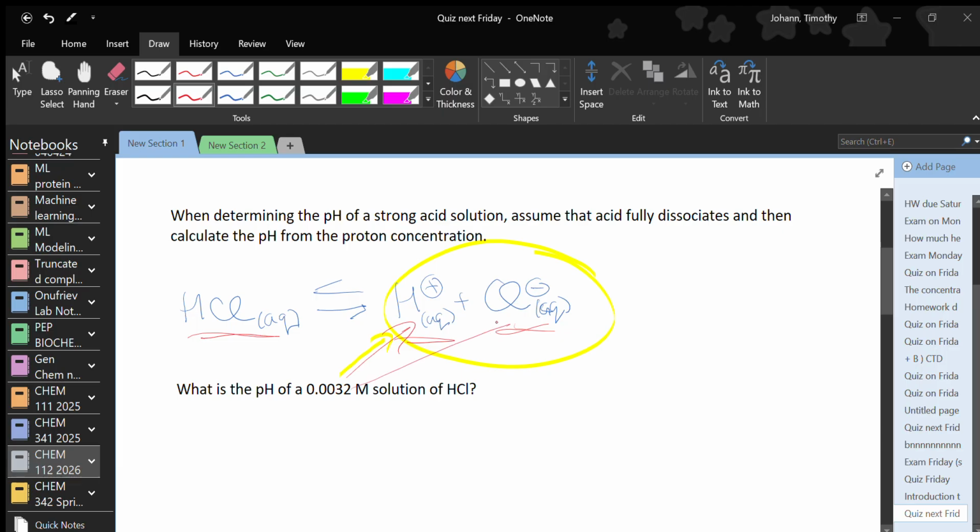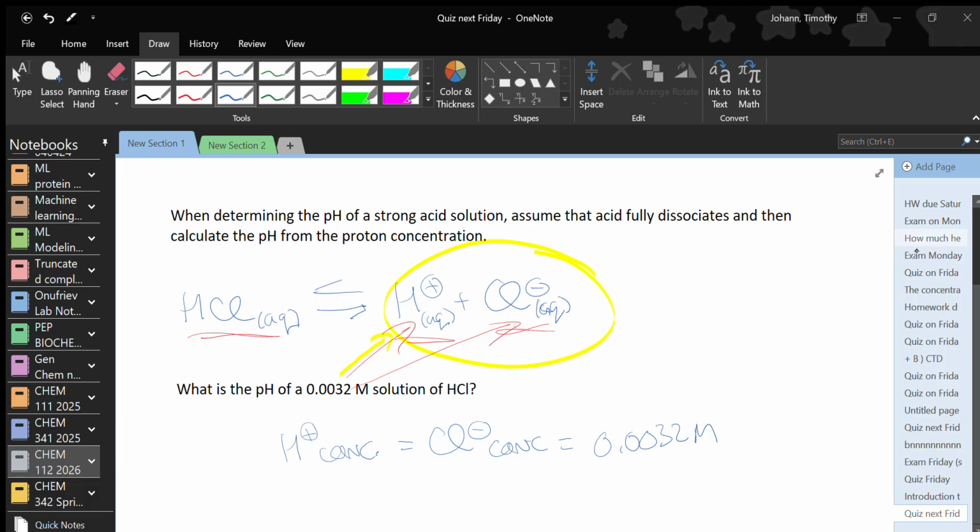That's this concentration for both of them. Okay. So what we can say is my H plus concentration is equal to my Cl minus concentration is equal to, in this case, 0.0032 molar. Questions?